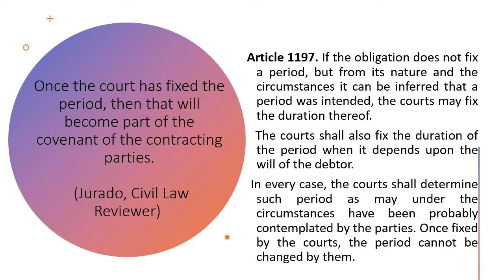The courts shall fix also the duration of the period when it depends upon the will of the debtor. In every case, the courts shall determine such period as may under the circumstances have been probably contemplated by the parties. Once fixed by the courts, the period cannot be changed by them.